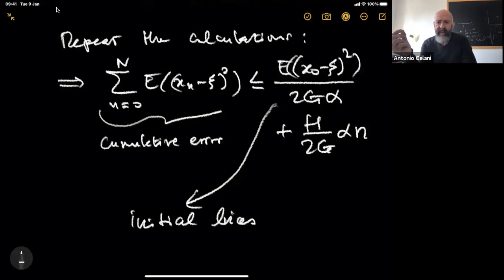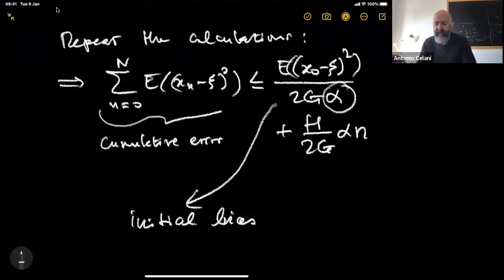Okay, and you see that this term features the learning rate at the denominator, which means that if you want to make this first term small, which you should do, because if you make the right hand side small, this means that also your left hand side is small. So your regret, the cumulative error of your algorithm, is small, which is something that you would like to have.